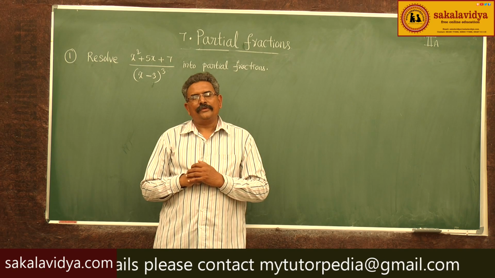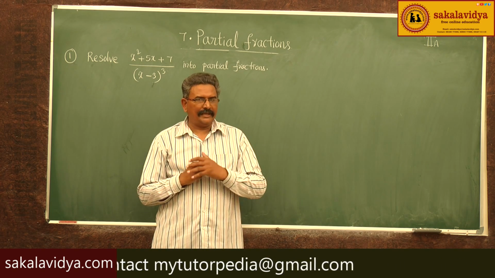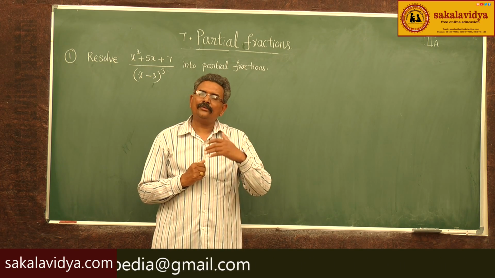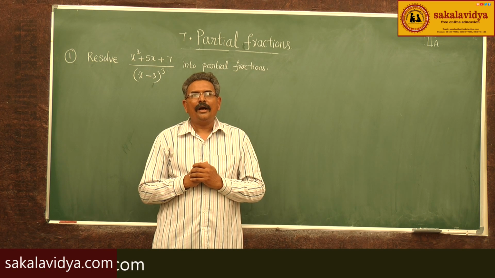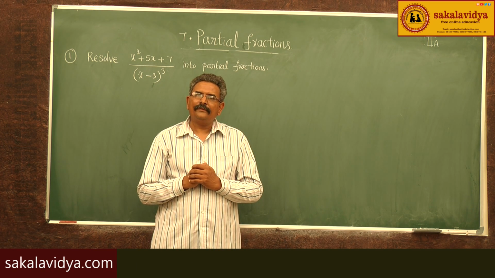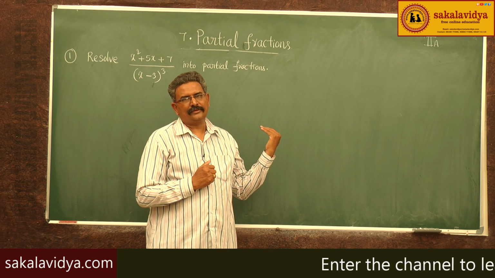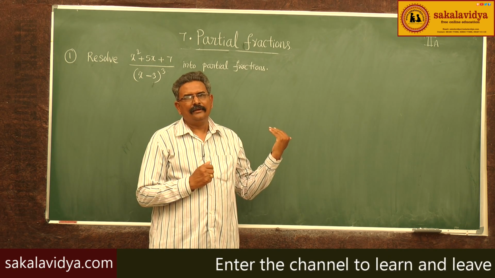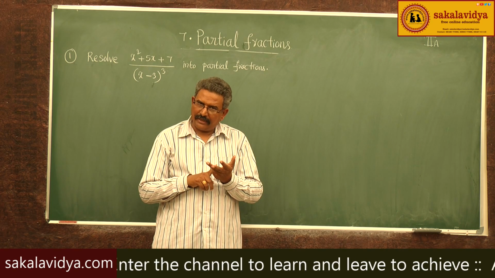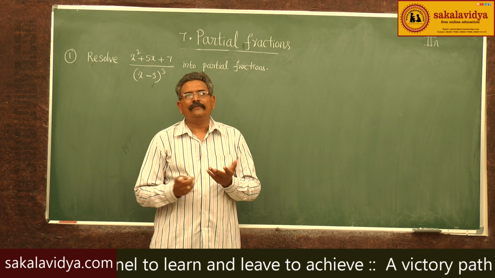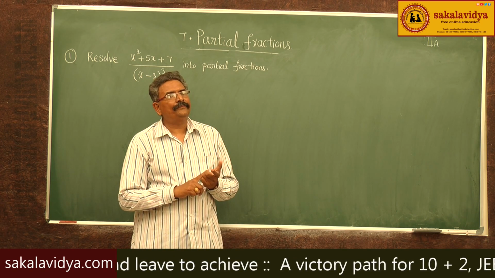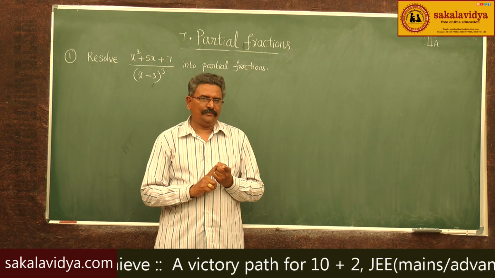So whenever (x minus 3) whole cube is there, as per rule number 2, how many partial fractions can exist for this one? In general, for x minus 3, we have to write one partial fraction each for x minus 3, (x minus 3) whole square and (x minus 3) whole cube.